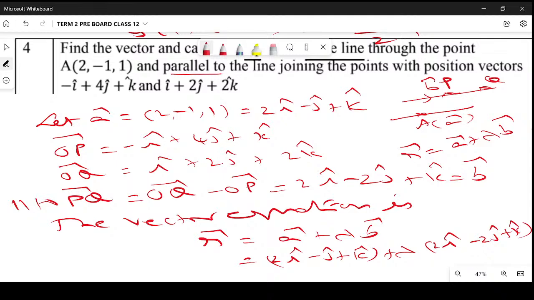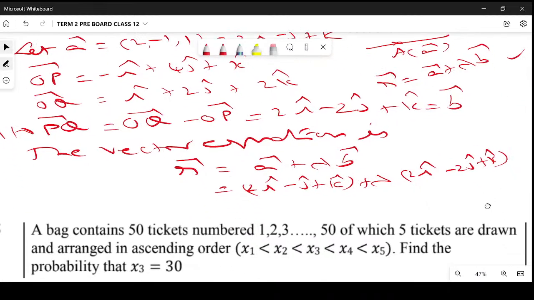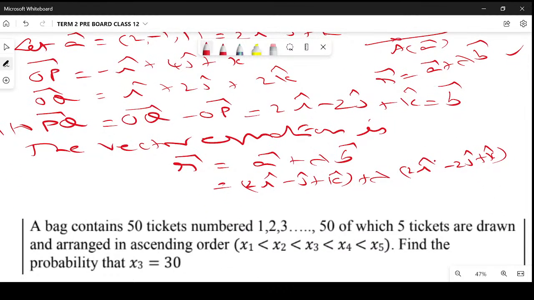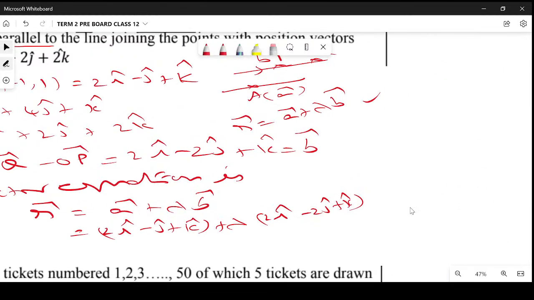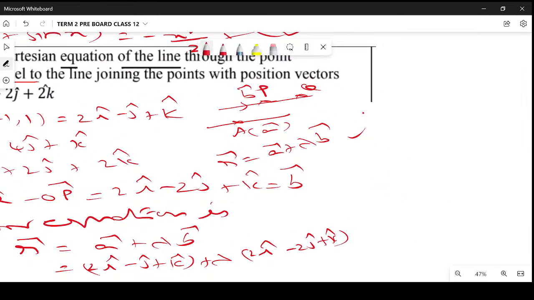Even they are asking here for the Cartesian form. I can also write the Cartesian form. This vector is parallel to (2, -2, 1). What is the Cartesian form? I will explain it.